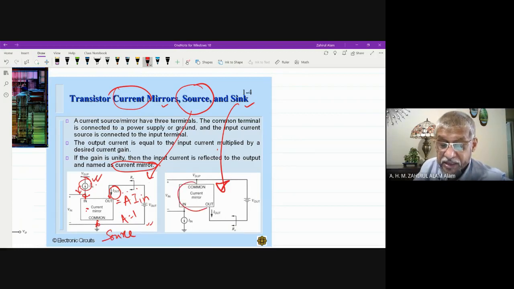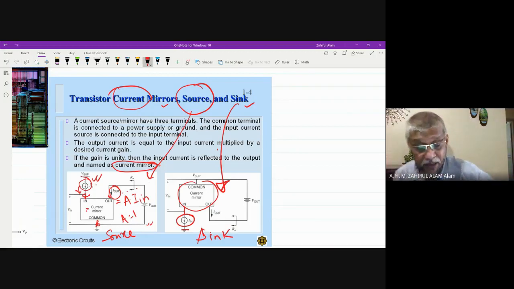Now this is our circuit. Now the input current, instead of being supplied from the supply, is going to ground. So this is known as a sink. Now we can design the current mirror using source or sink.